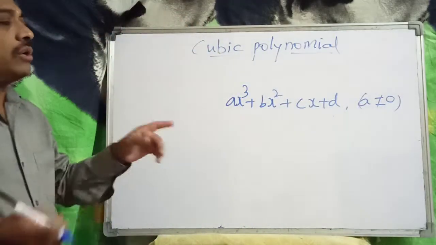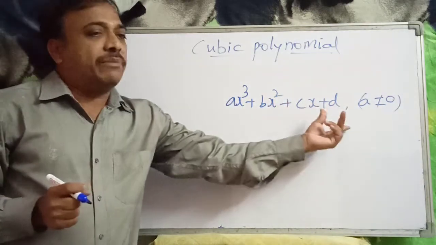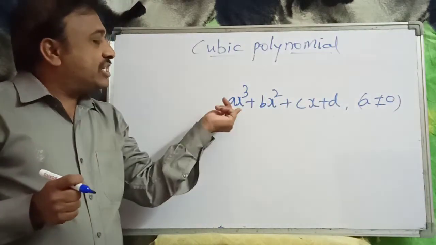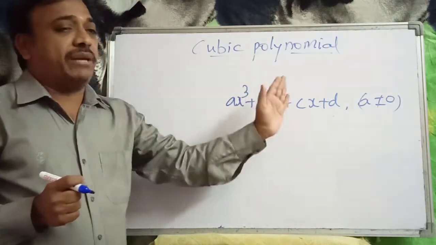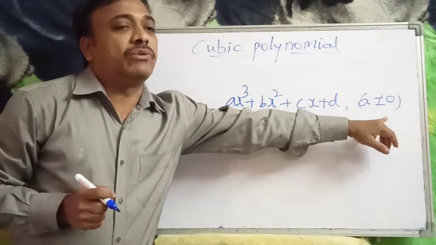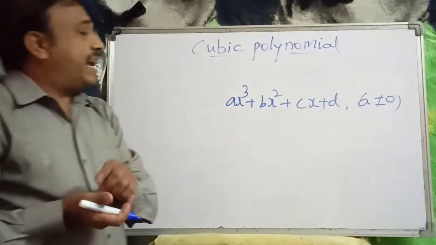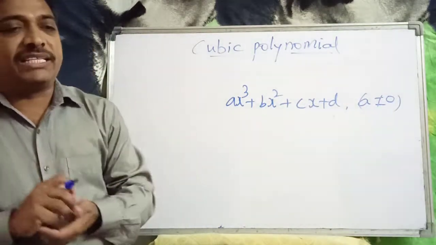If a is equal to 0, what will happen? Then the ax cube term will be 0, and x square will be the highest power, so it becomes a quadratic polynomial. That's the reason a should not be equal to 0. Cubic polynomial degree is 3, so it will have 3 zeros.